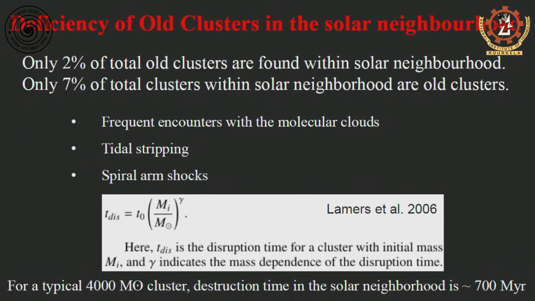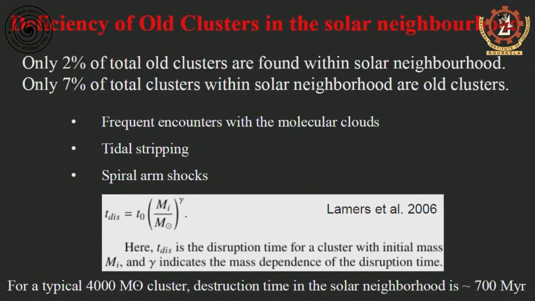When you have more frequent interaction with molecular clouds, or even tidal disruption, the cluster disrupts over a period of time. The other thing is the mass segregation effect, where the massive stars come toward the center of the cluster, and the less massive or fainter stars go towards the peripheral region of the cluster. Over a period of time, these massive stars totally evolve because their lifetime is short, while the low-mass stars evaporate from the cluster, leaving the tidal radius of the cluster.